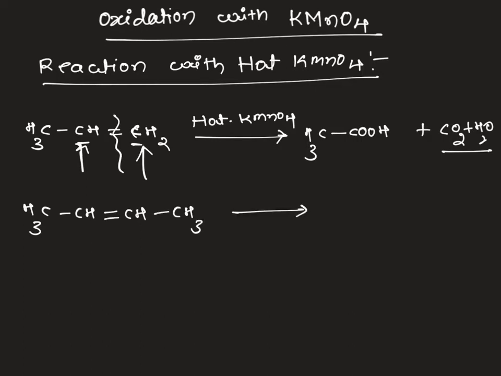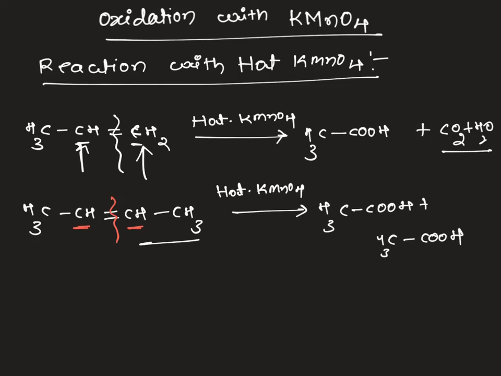If I use the same reagent, hot KMnO4, the cleavage will take place at the double bond, and these two carbons are converted into carboxylic acid, CH3COOH, plus this side CH3COOH. We will get 2 moles of acetic acid. Is it clear?